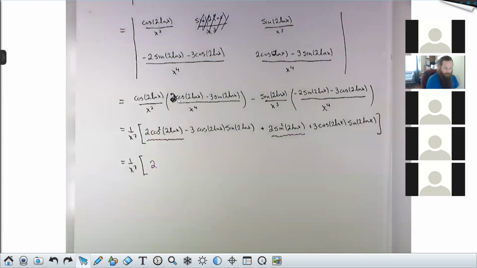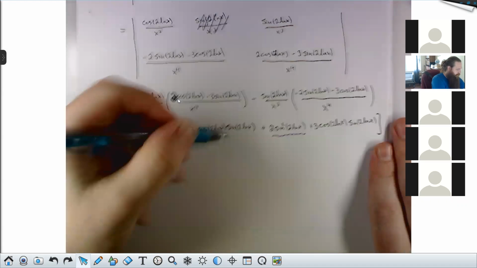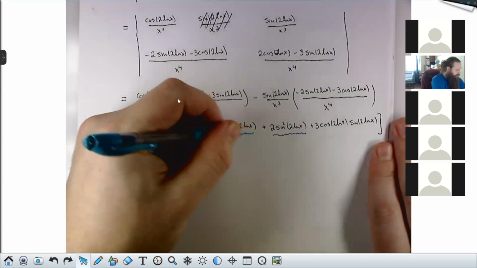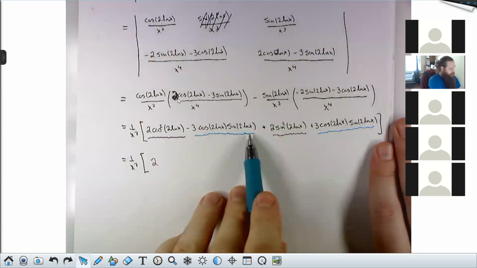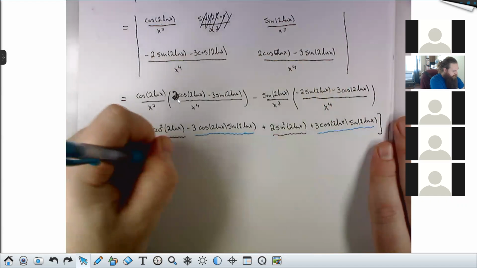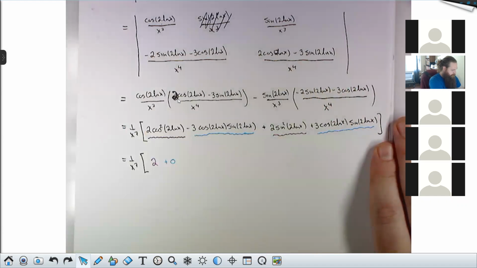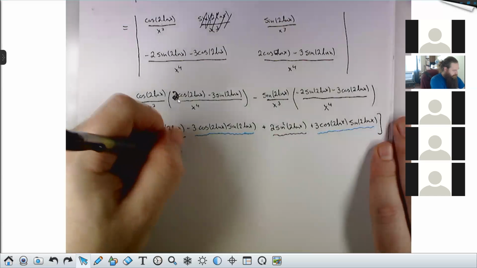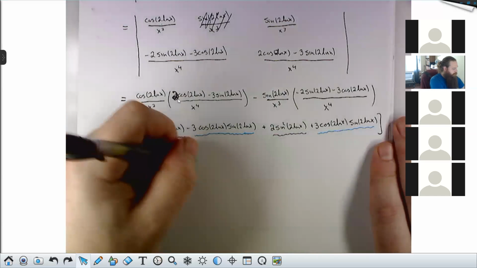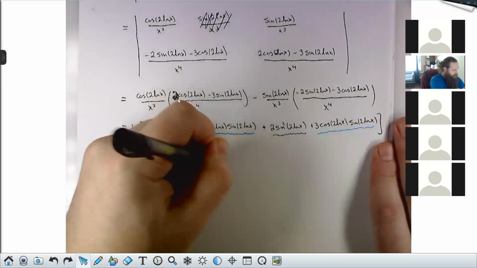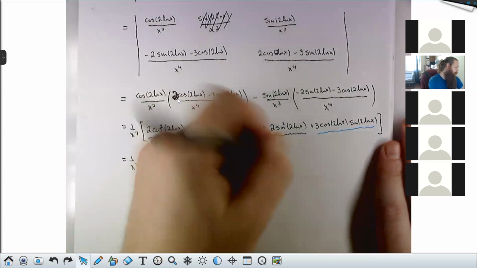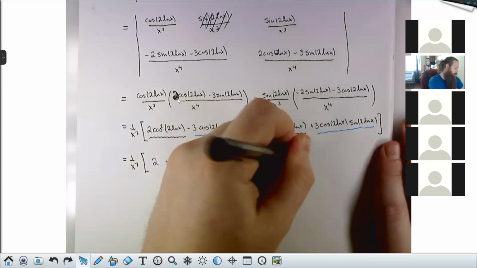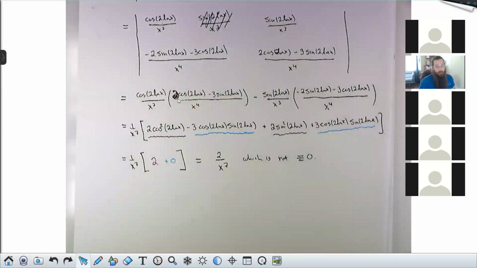And then the other pieces are opposites of each other. So minus 3 times that, plus 3 times that same thing. Okay, so this is actually 2 over x to the 7, which is certainly not identically 0. In fact, it's never 0, which is a neat observation.